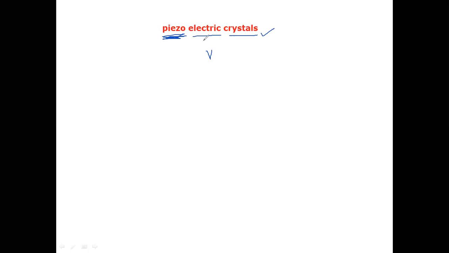So piezoelectric principle means if stress is applied on a material and I get voltage as output, then this property is called the piezoelectric property. The instruments which follow this property are called piezoelectric instruments, right?